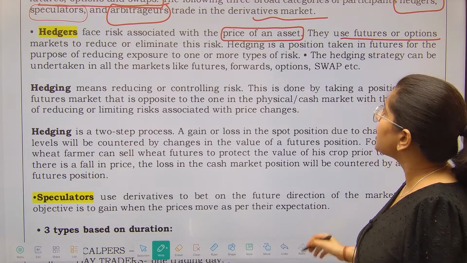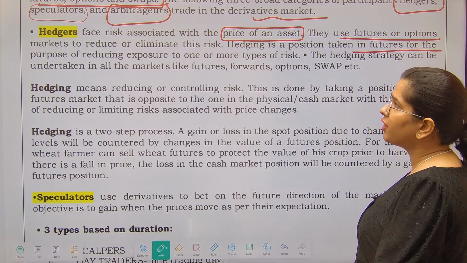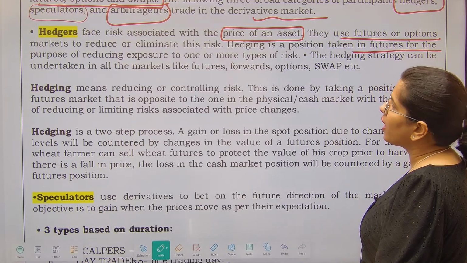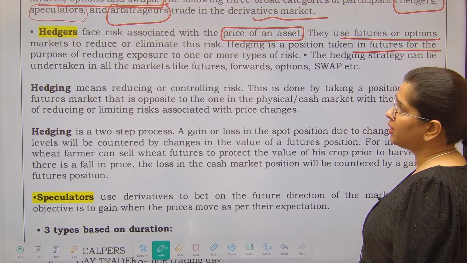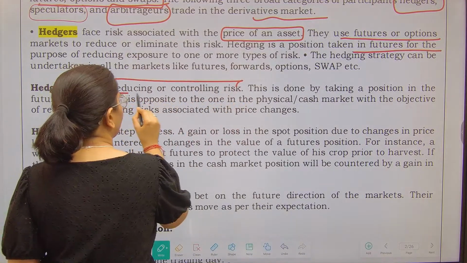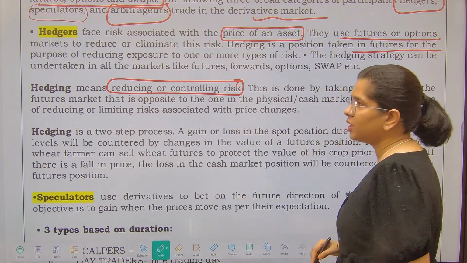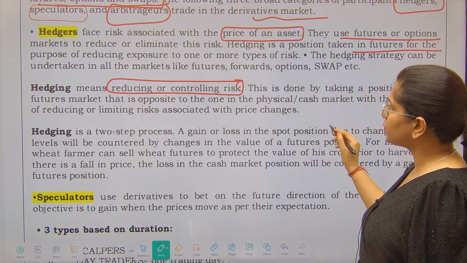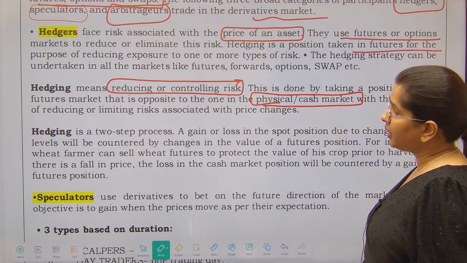Futures or forwards. Hedging is a position taken in futures for the purpose of reducing the exposure to one or more types of risk. ठीक है? Hedging means reducing or controlling risk. This is done by taking a position in the futures market that is opposite to the one in the physical or cash market, right?